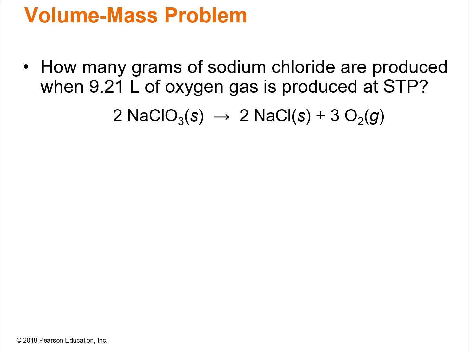Okay. So how many grams of sodium chloride are produced when 9.21 liters of oxygen gas is produced at STP? So I'll help you set up the problem and then I want you to try it.